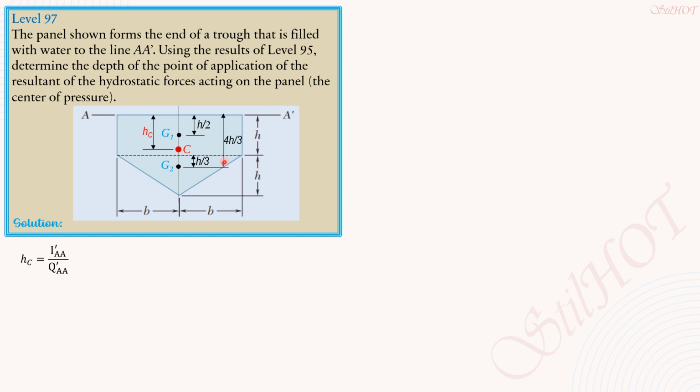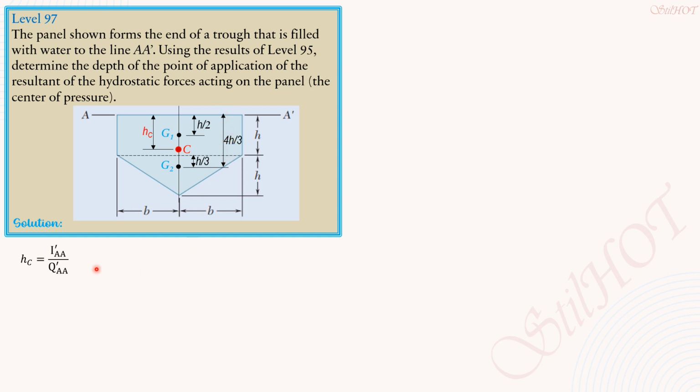Then for this triangle, we have to transfer the centroidal moment of inertia with respect to this axis to that axis there. So for the triangle, it is 2b h cubed over 36 plus the area of the triangle, 1/2 of 2b times h, times the distance squared, which is (4/3 h) squared.